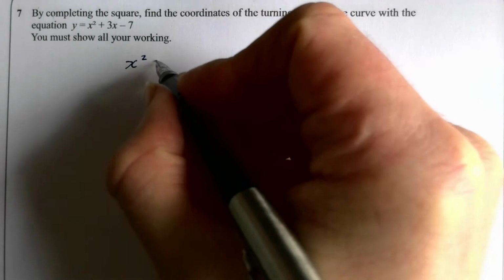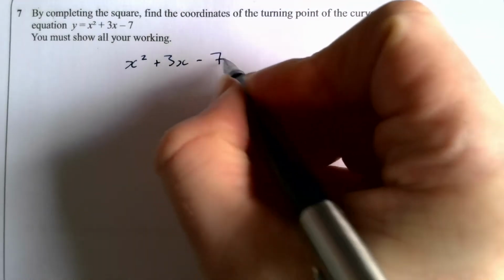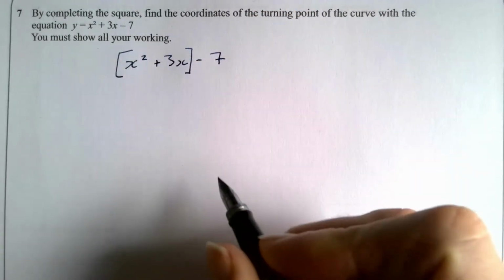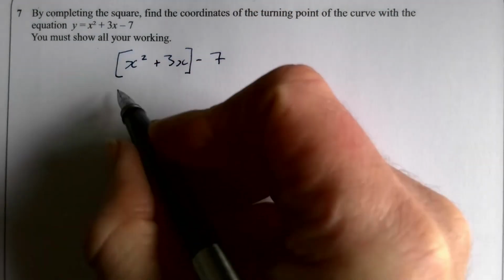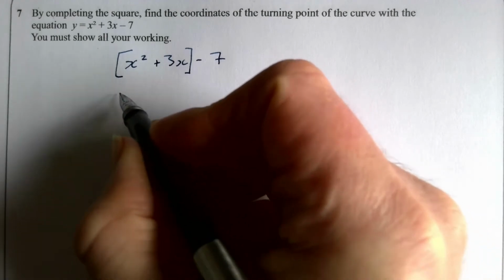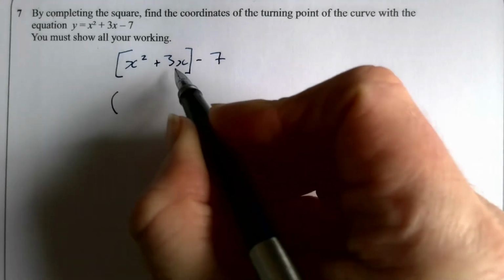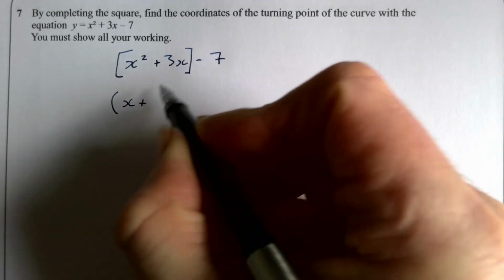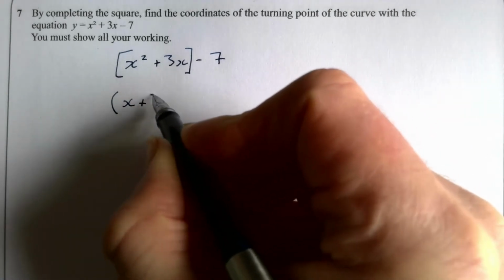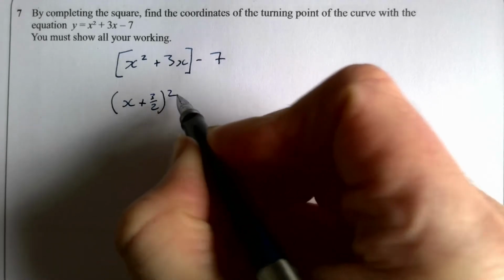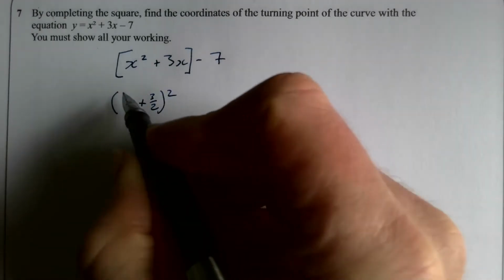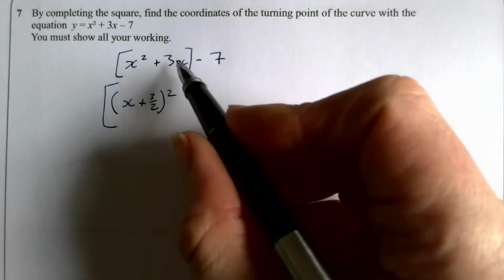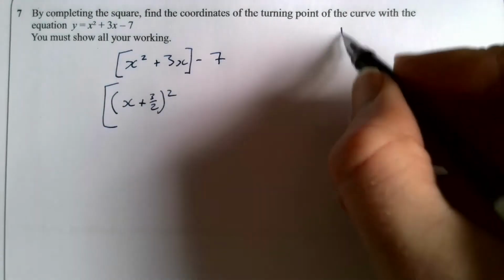If you remember, we start off by saying we're just going to think about this bit here, and we're going to think about the bracket that times by itself would give us x squared plus 3x when we then added it together. And in order to do that, we need to divide this number here by 2 to put it in a squared bracket. But when we do that, we would also get 3 over 2 squared.